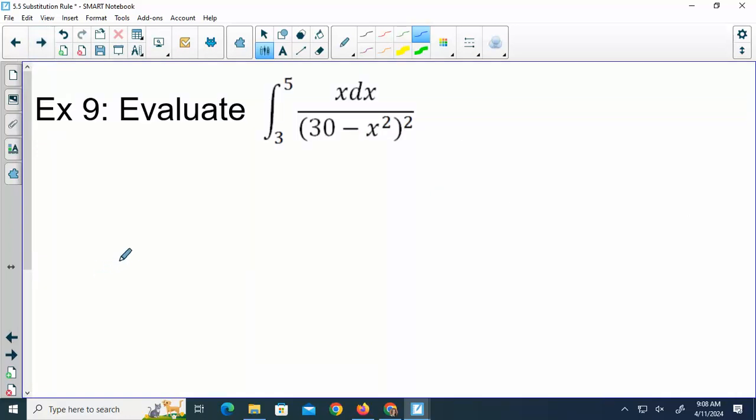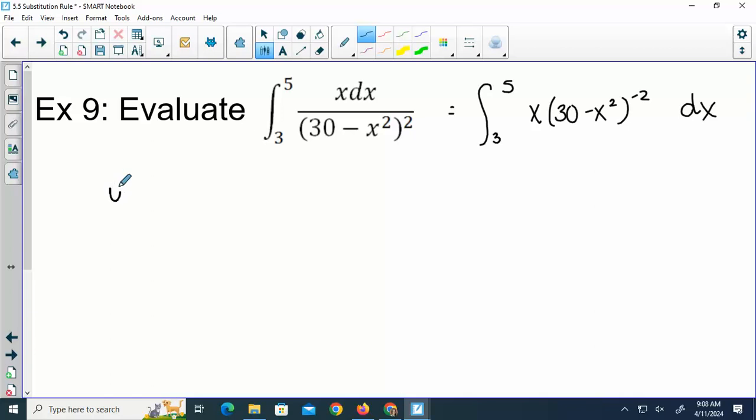So if I look at this one, we're going to treat it as we have been doing with all the others to start with. We have the integral from 3 to 5. You could rewrite this as 30 minus x squared to the negative 2, with the dx on the end.